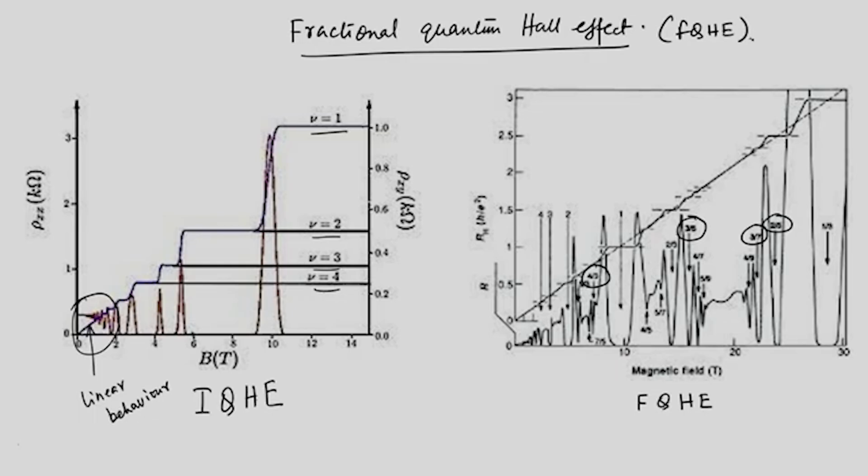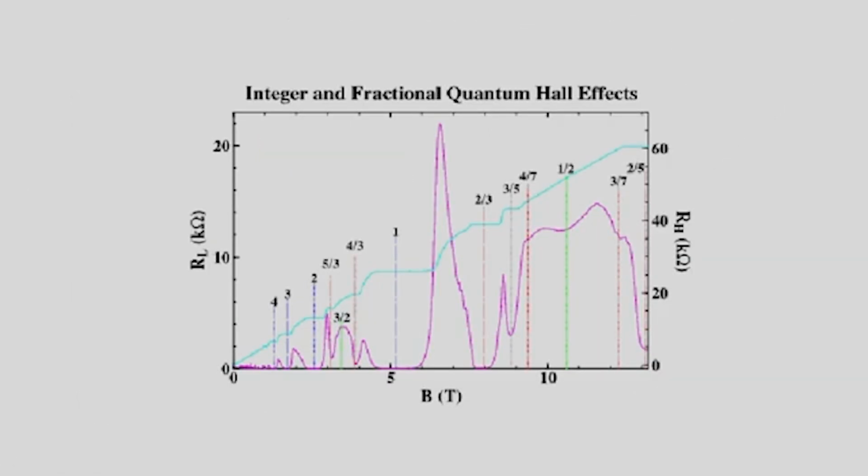Okay. So, to show you one more picture, these are probably a little more clear than the earlier one. You see that these are integer plateaus here, and let us show the fractional plateaus by a color.